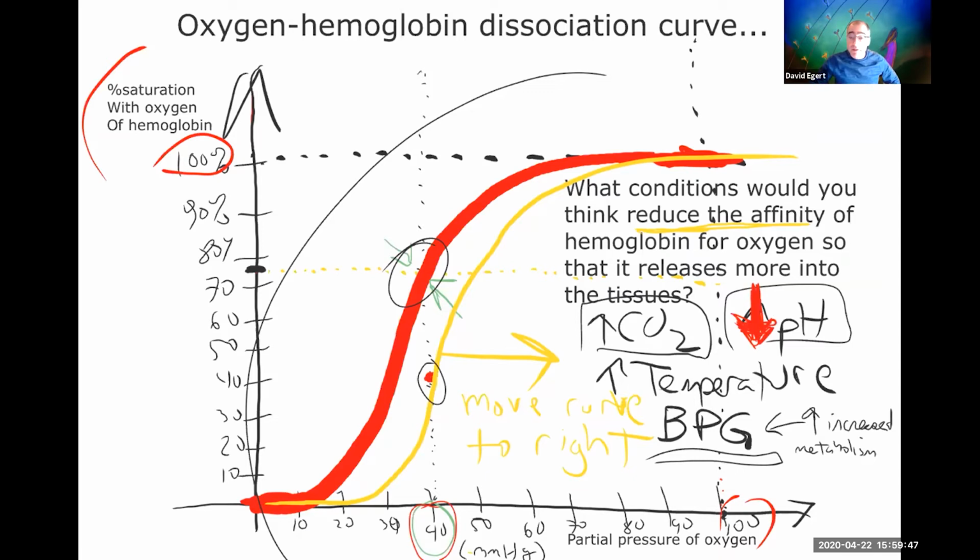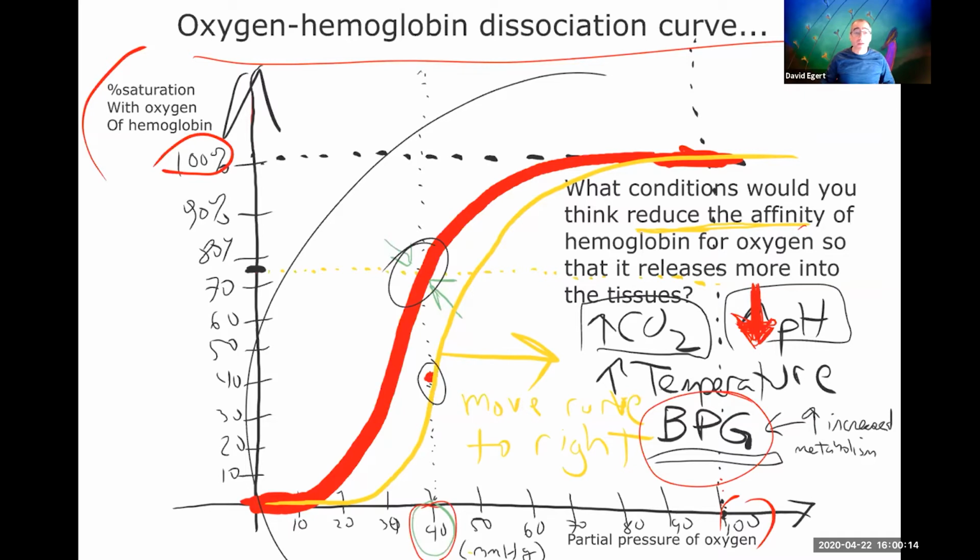So increased carbon dioxide or decreased pH, increase in temperature, increase in this BPG, which is a sign of increased metabolic activity, all decreased affinity of hemoglobin for oxygen, meaning more oxygen enters the tissues. So that's oxygen. We've talked about the delivery of oxygen.